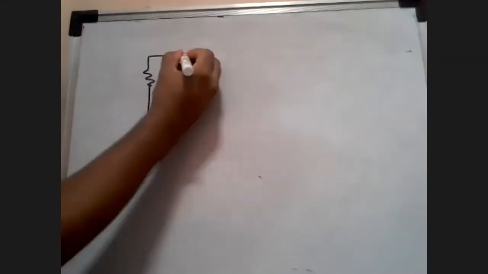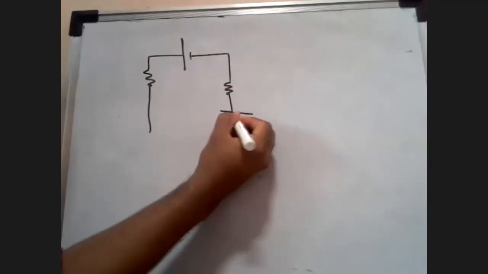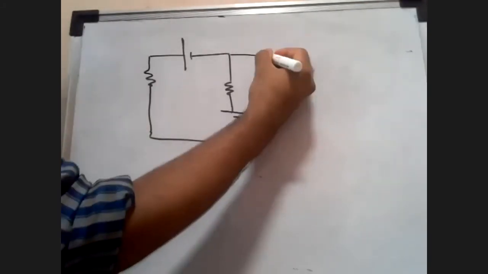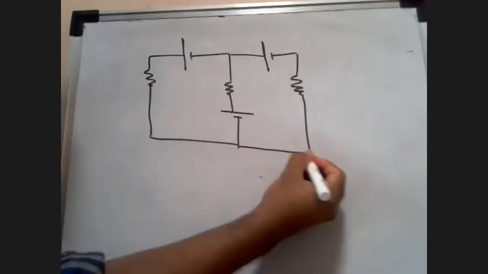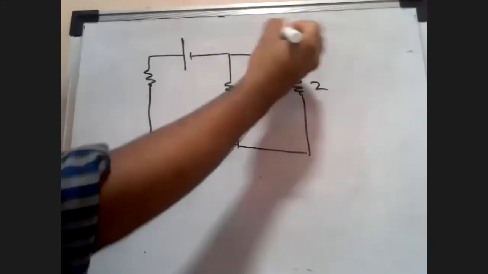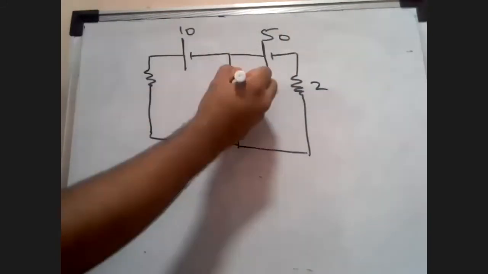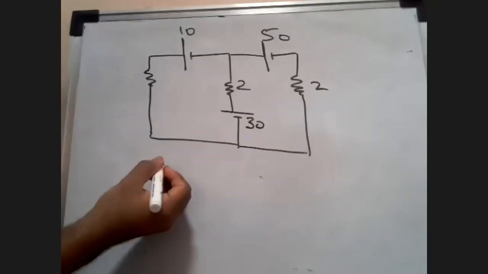Let's come to another sum. Let's say there's a resistor here, 10 volts. This is 2, this is 50, this is 10, this is 2 again, this is 30, and this is 1.